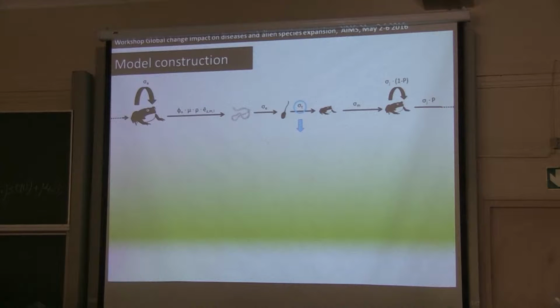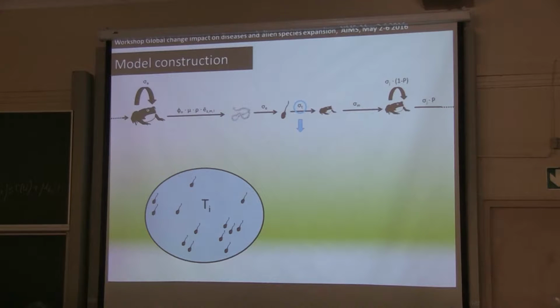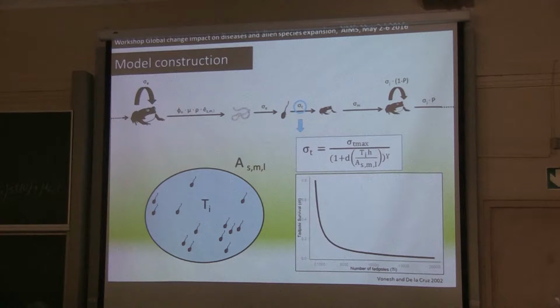One of them is the tadpole survival. This tadpole survival, in general, is characterized by 2 different components. The first one is the number of tadpoles, and the second one is the area of the pond. These two components are connected in this formula, which you can understand easily, I'm pretty sure of that, in which we are describing a simple density-dependent dynamics.